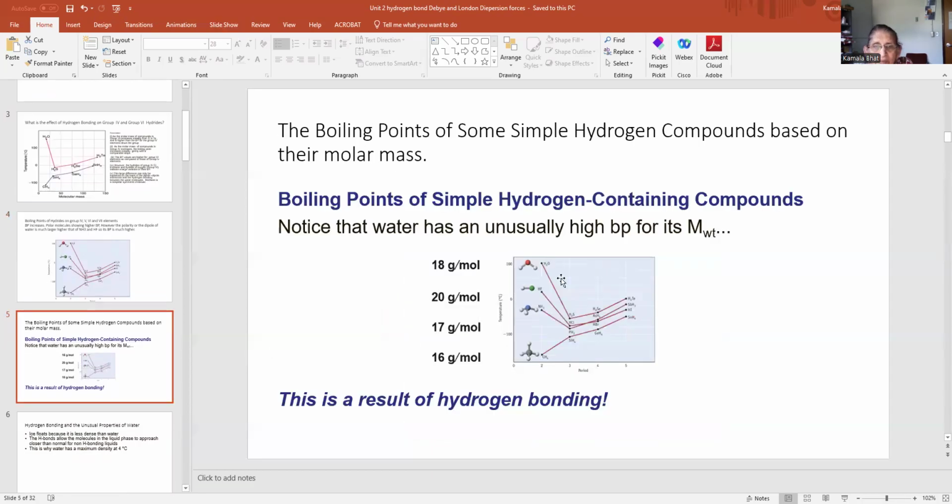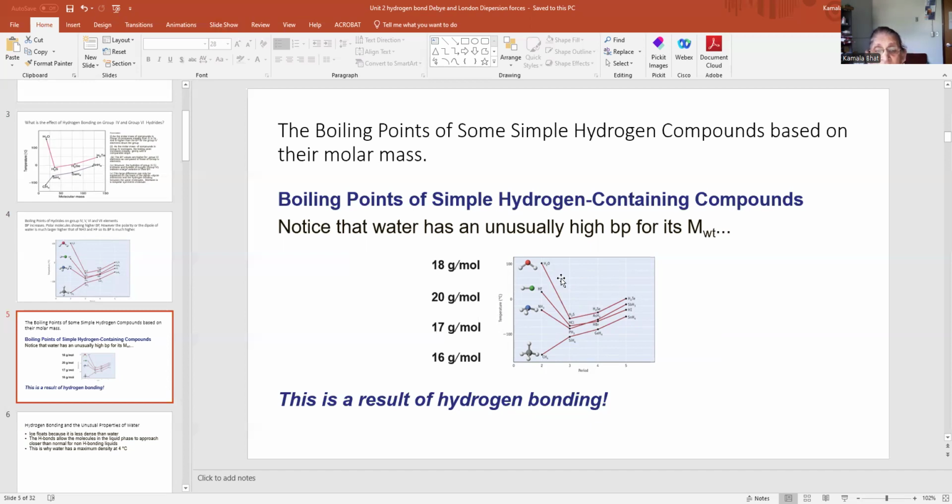Next, when we compare the hydrogen bonded compounds based on their molecular mass, we see that simple hydrogen containing compounds have molar masses almost similar to that of water, which is 18 grams per mole.